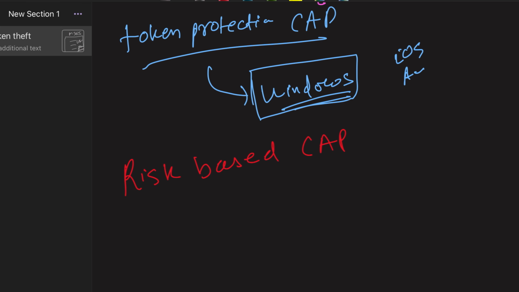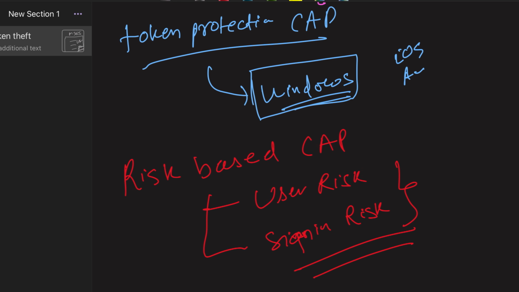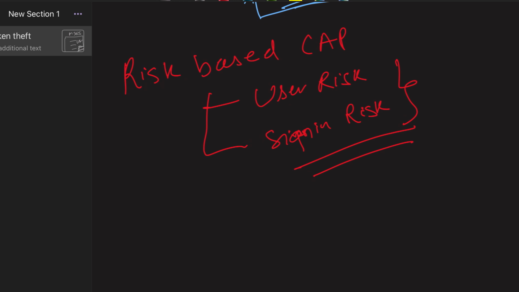In this risk based conditional access policy, you can define two types of risk. One is user risk and one is sign in risk. What user risk and sign in risk are, we can discuss in some other videos. One quick note: there should be two conditional access policies, one for user risk and one for sign in risk.